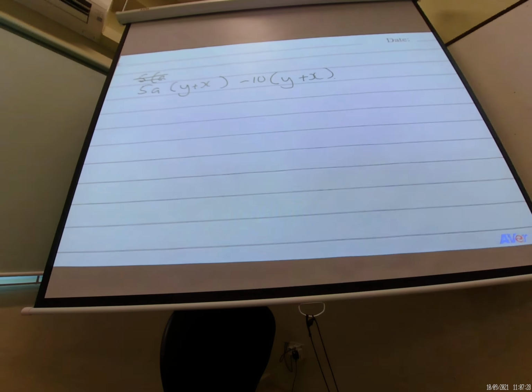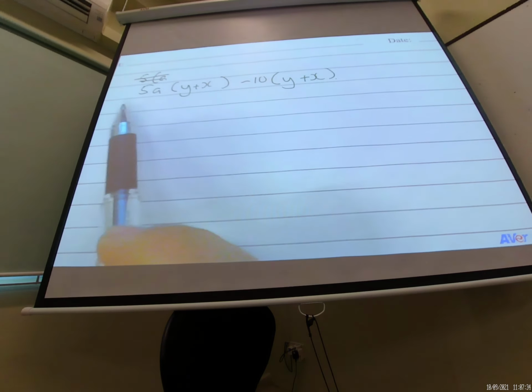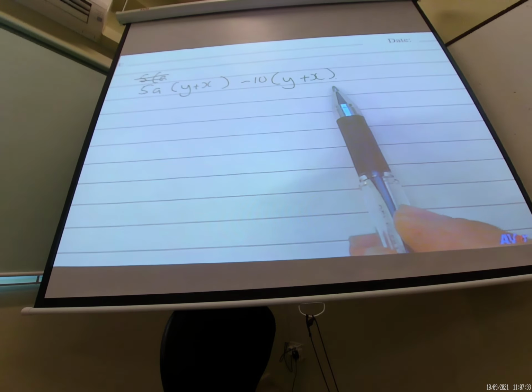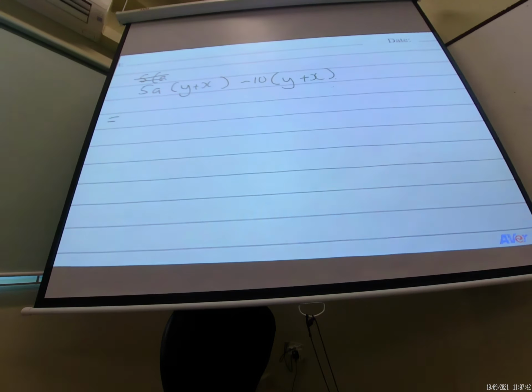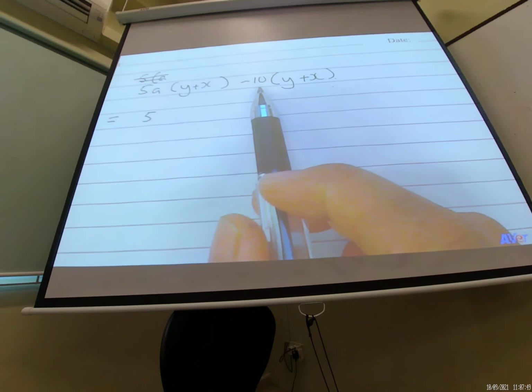We are asked to factorize. So what is the same in the front term and back term? What is common, what is the same, we take out because they are the common factor. So we can take out 5, because both 5 and 10 can be divided by 5.